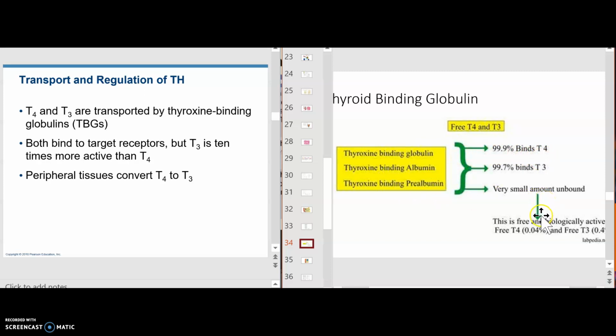The free fraction, and I discussed this earlier, the free fraction is the one that's active. The minute a free fraction is liberated from the bloodstream, a unit from the bound fraction will replace it. So it's still in an equilibrium type balance. Okay? So it's being carried by this.